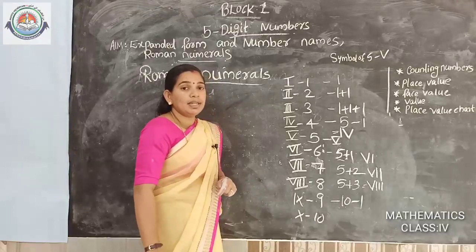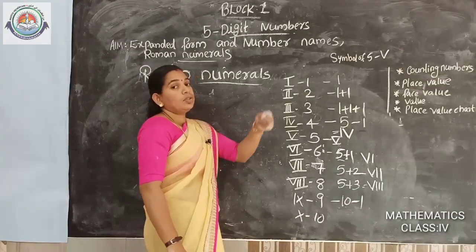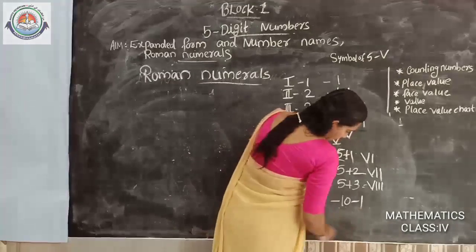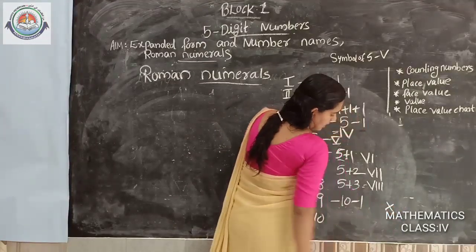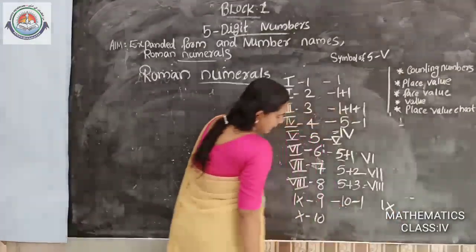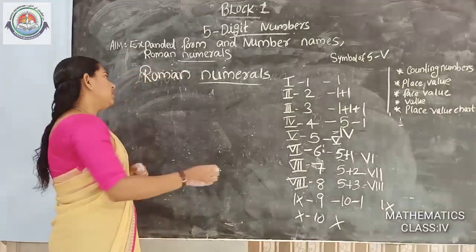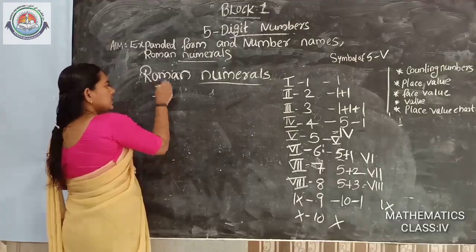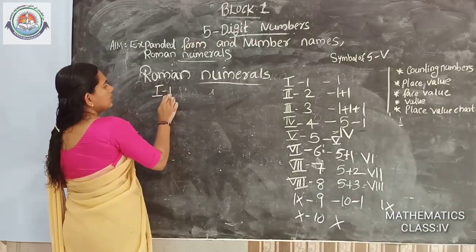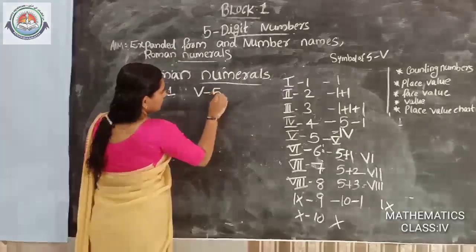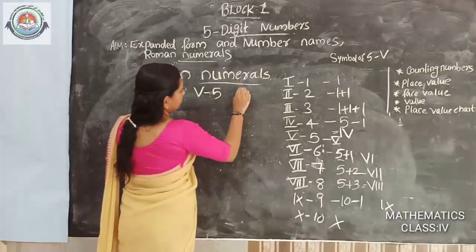In the minus case, the largest number is written on the right side. So the symbol of 10 is this and 1. 10. So you only need to remember the symbol of 1 is this, 5 and 10.